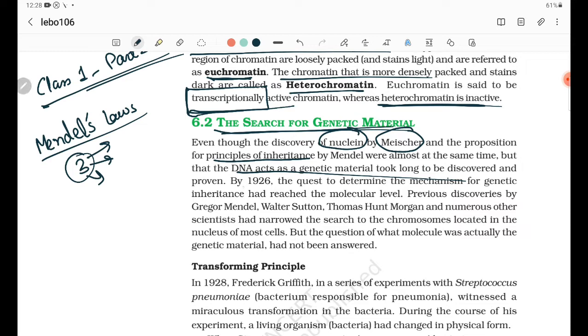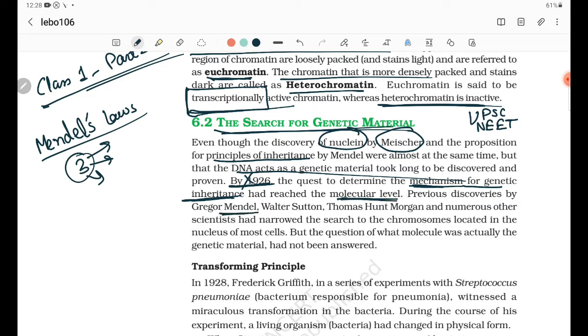Now, by 1926, obviously years are not important. This is not UPSC, it is NEET, so for NEET you don't need years. What will be the basis for the mechanism of genetic inheritance? By 1926, it had reached the molecular level.